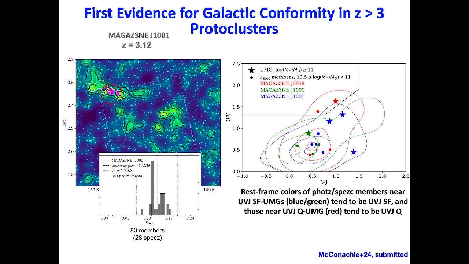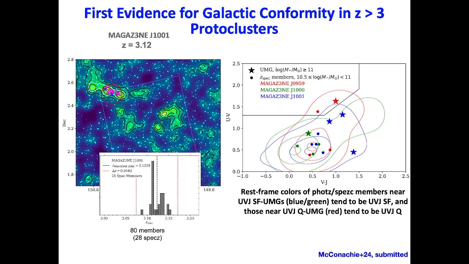And although this is a small sample, it's just 3 systems, we found something quite interesting. We found evidence for galactic conformity, the first evidence, I think, for galactic conformity in redshift greater than 3 protoclusters. What I mean by conformity is the rest frame colors of massive members near UVJ star-forming UMGs. We've got 2 systems with star-forming UMGs, shown there in blue and green.